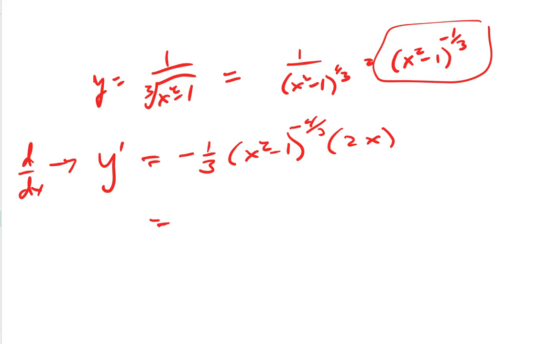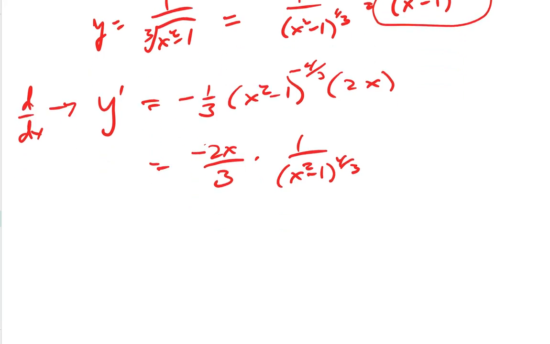So let's make this negative 2x over 3 times, and then I'm going to write this as x squared minus 1 to the 4/3 first. And now it's inside over outside. So if you have y to the a over b, this is the bth root of y to the a.